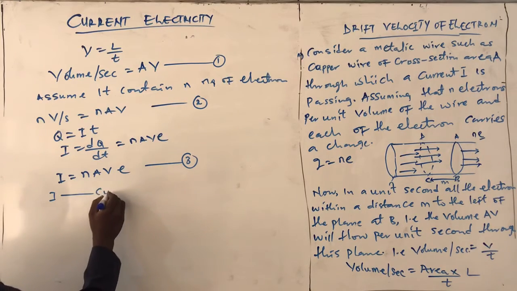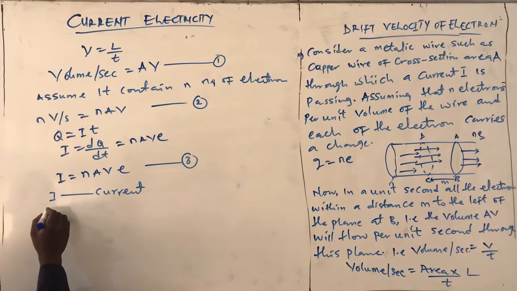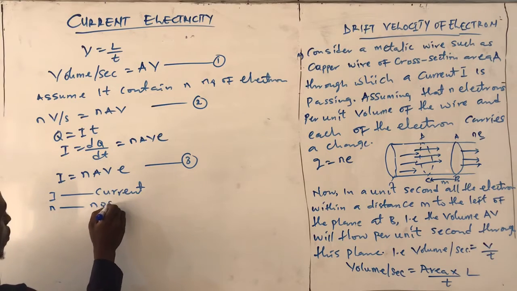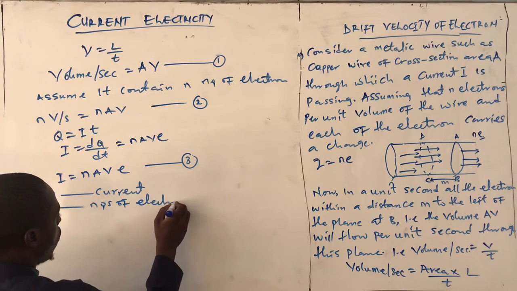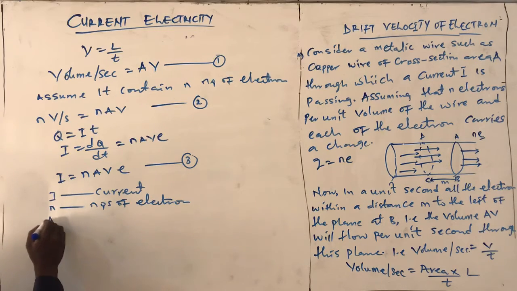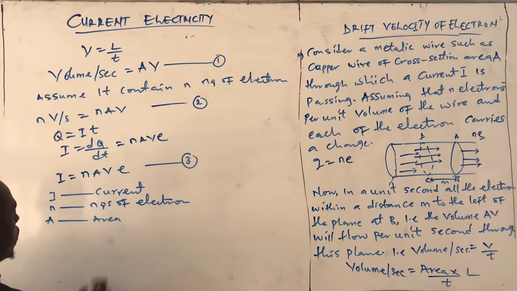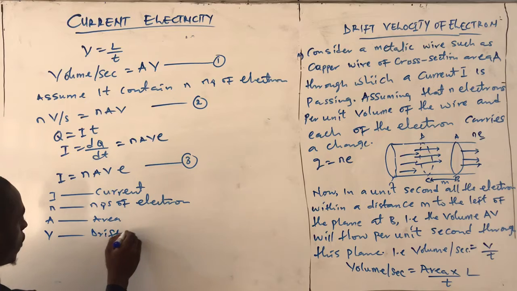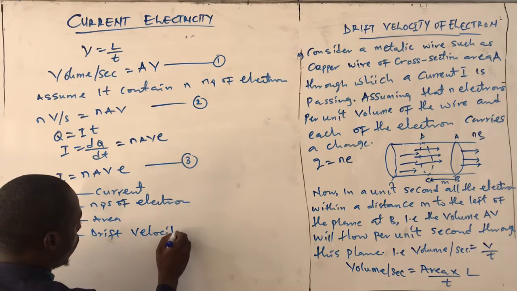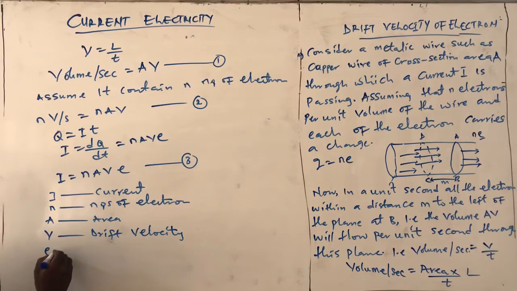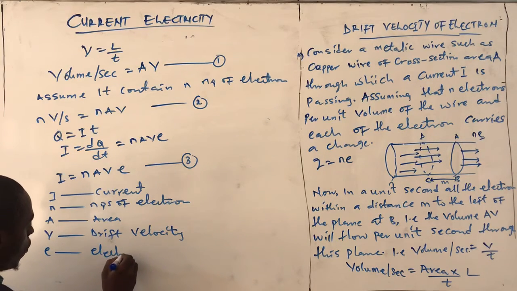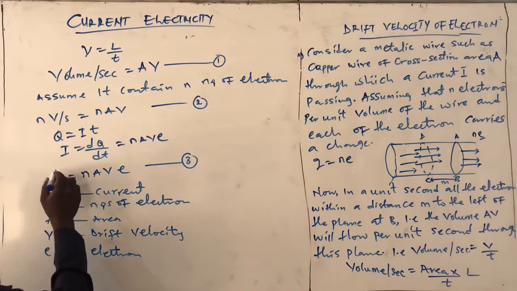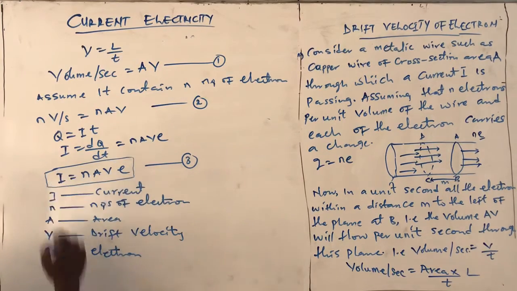I is the current, N is the number of electrons, A is the area, V is the drift velocity, and E is the electron charge. So to find the current, we apply this formula: I is equal to NAVE.